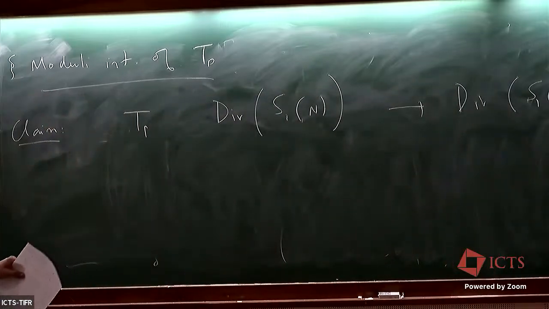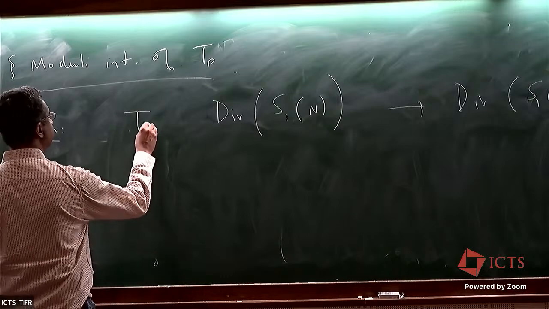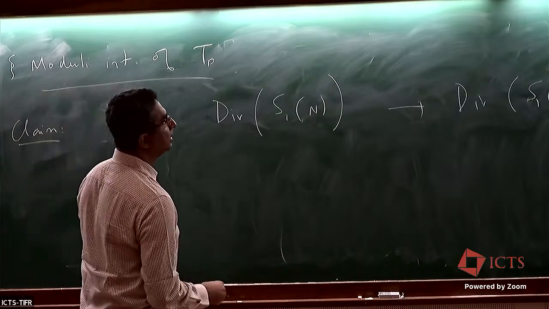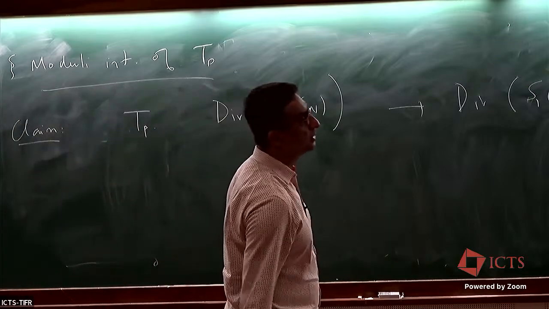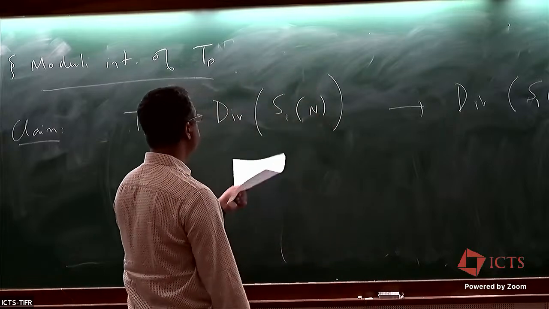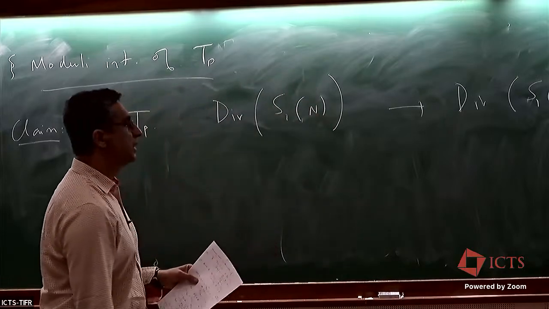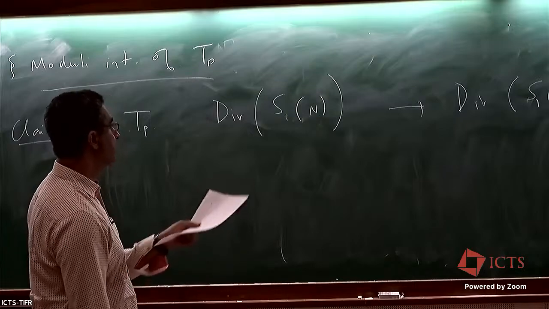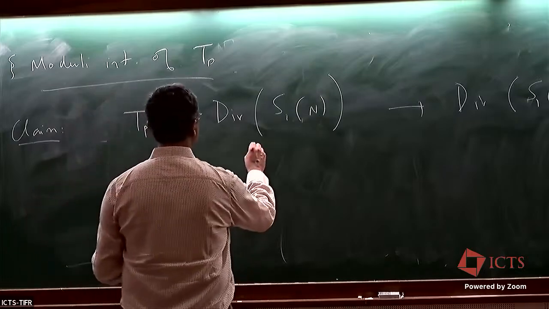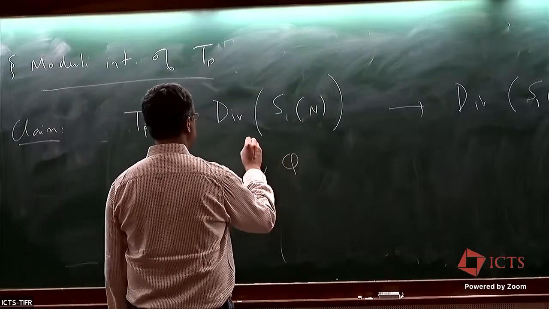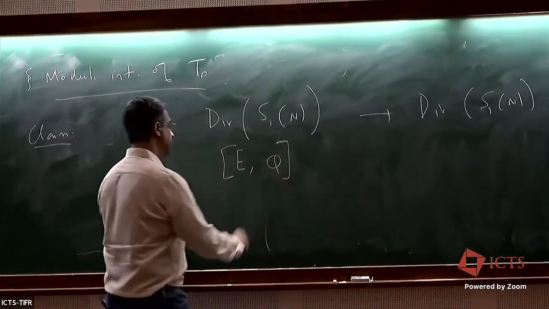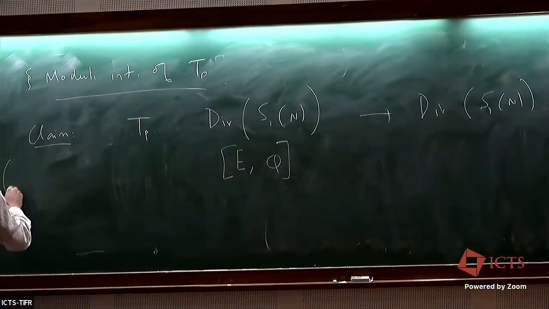All right, let's talk about the modular interpretation of T_p. We know what it does in general, the double coset operator. So what does it do specifically to these enhanced elliptic curves? The claim is that this is on isomorphism classes of elliptic curves, like in lecture 1.